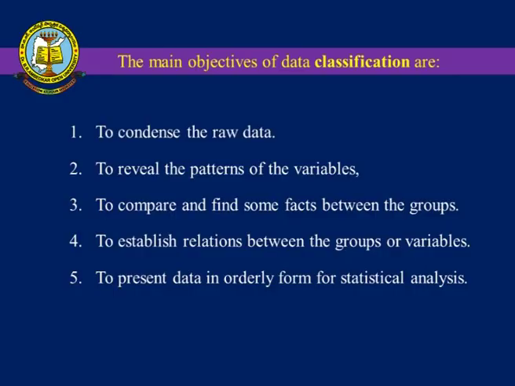You have to use many variables and much data, and the data should be arranged in proper form. That is why classification is useful for collecting the data. After collecting the data, we should organize it in an appropriate form.